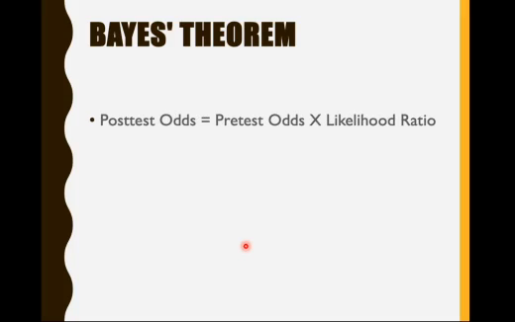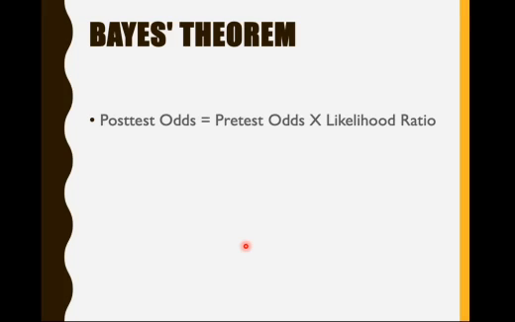We'll discuss. This is the formula of the Bayes theorem, and I want you to understand this and even memorize it, because these are actually asked in the board exams, and even in the licensure exams, and even in the diplomate exam.